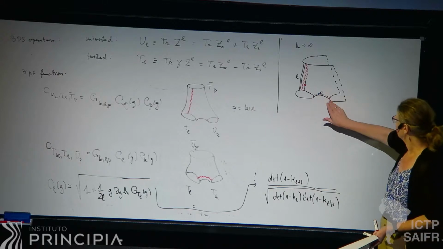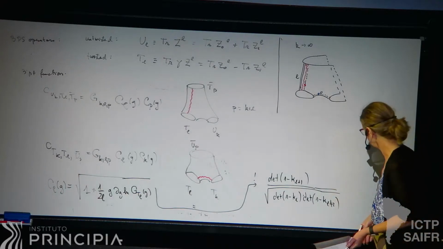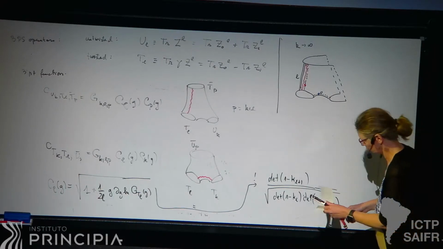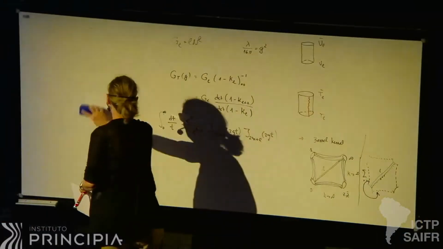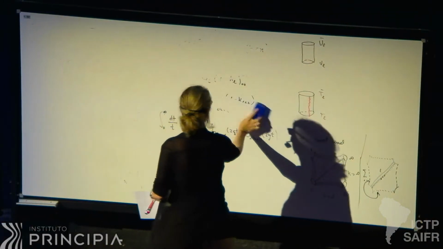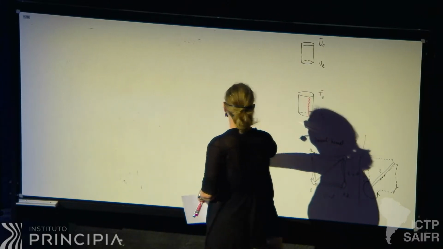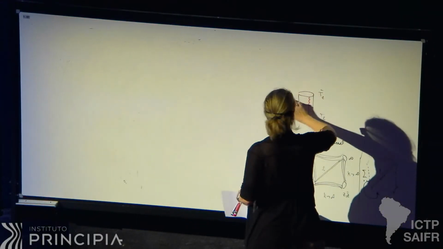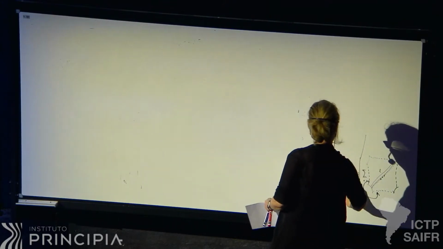The bridge magnons in this bridge will contribute zero, because I will try to justify that these magnons are giving zero. Maybe not this one. Okay, I can erase this one, but not the other one.